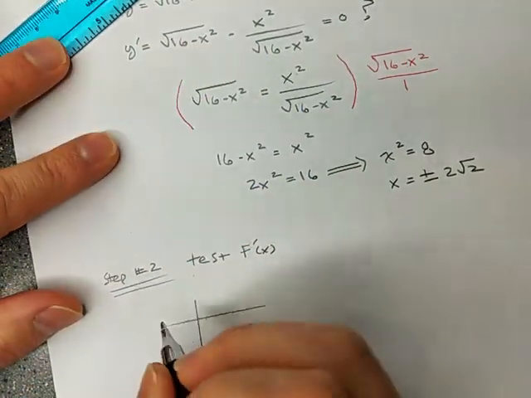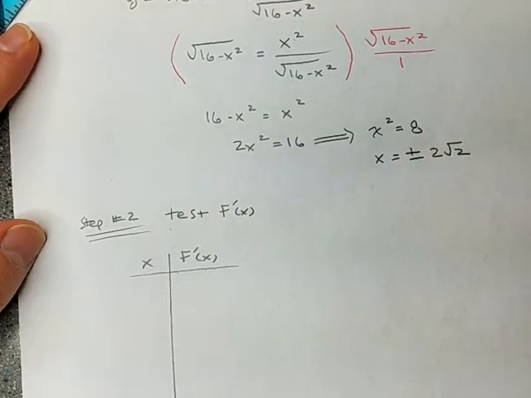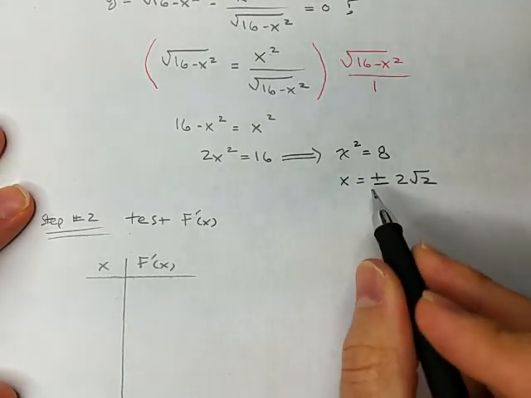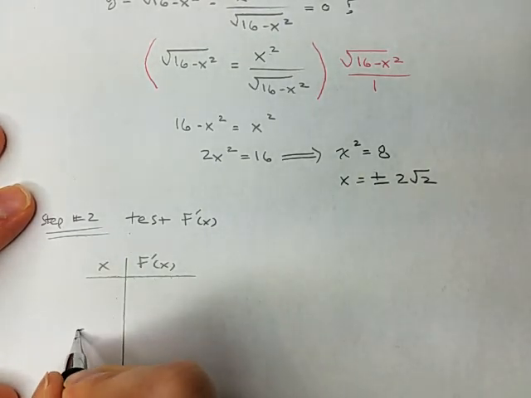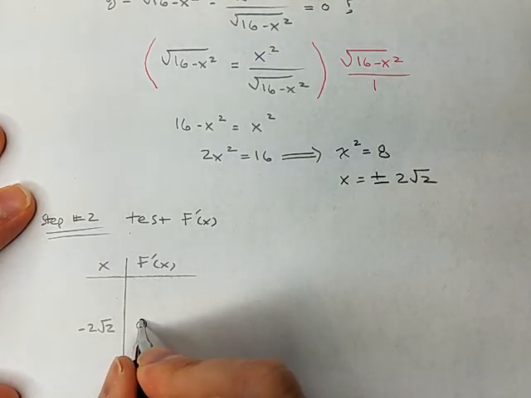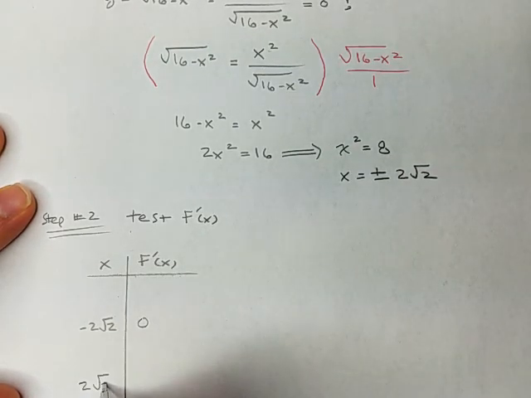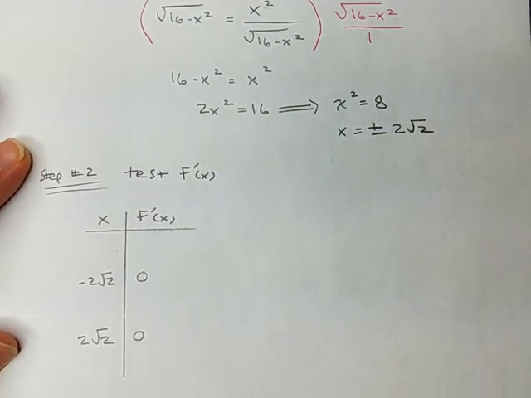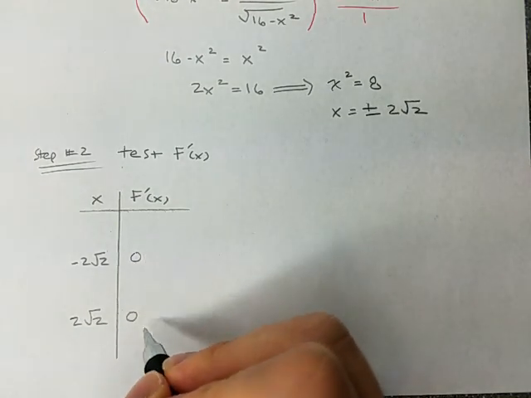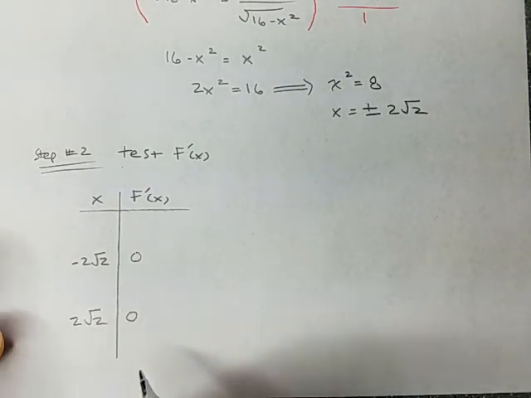Okay. So here's x, here's f prime of x. Okay, I'm going to test the derivative. What I know so far is at negative 2 root 2, the derivative is 0. And I also know that at positive 2 root 2, the derivative is 0. What I don't know is whether it's positive or negative outside of or in between these two values.